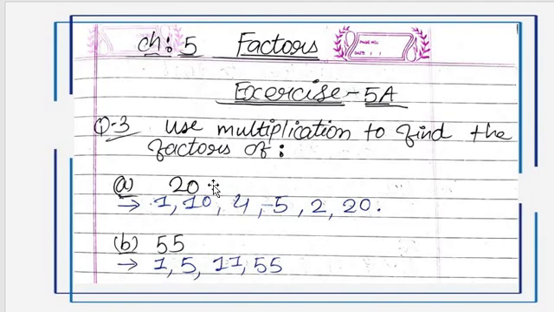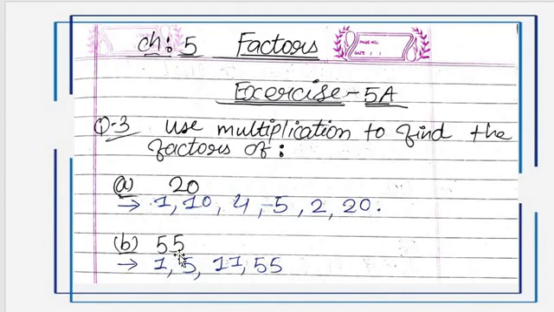So 1 and 20 we mention. Then 5 4s are 20, and 4 5s are 20, so 4 and 5 both are factors. 2 10s are 20 and 10 2s are 20, so 2 and 10 both are factors of 20. Understood, my dear students? We do it like that.